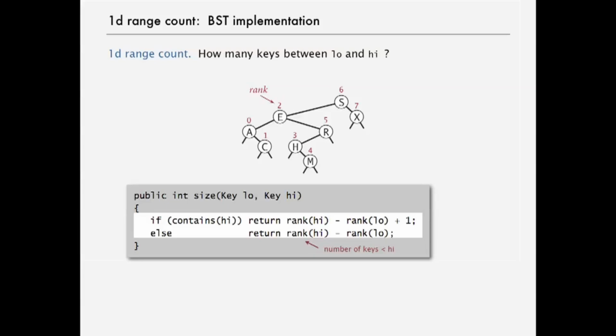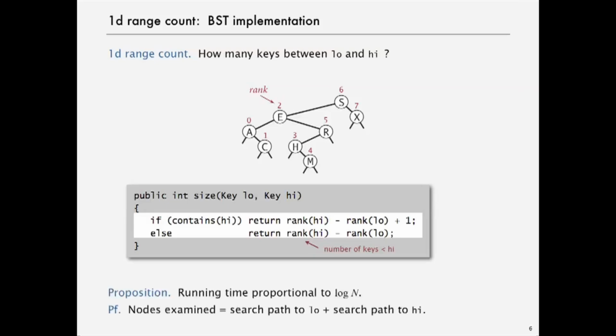So 1D range count is a really easy computation to perform in log time with a binary search tree. The number of nodes examined when we do a search is the length of the search path to low plus the length of the search path to high to find their ranks, and that's going to be time proportional to log n.